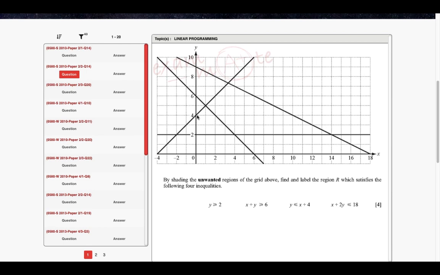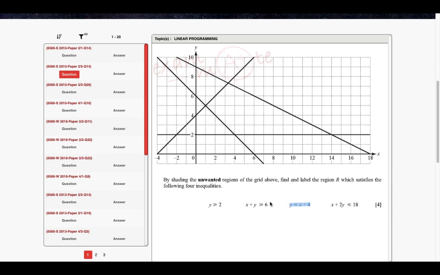How? 10 minus 0 is 10, over 6 minus minus 4, which is 6 plus 4, which is 10. So 10 divided by 10, you get a gradient of 1. So this line is the line that represents this inequality.